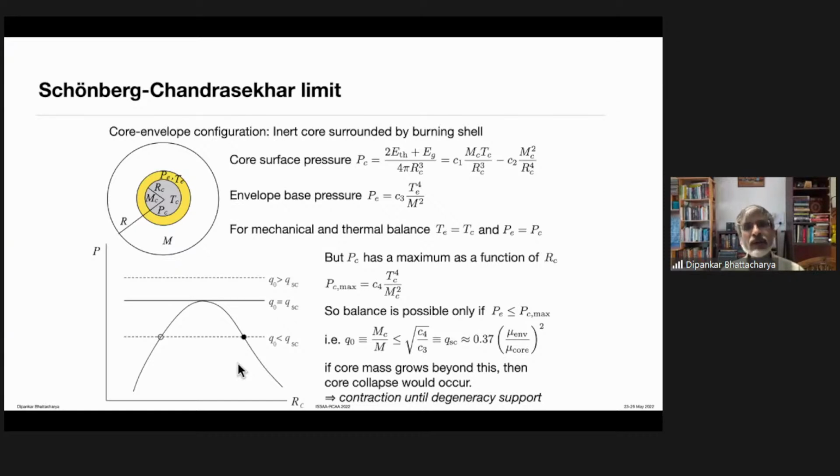So this core envelope structure is stable only if Pe is less than the maximum value of Pc.